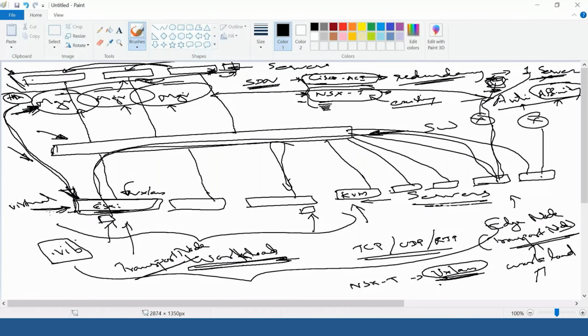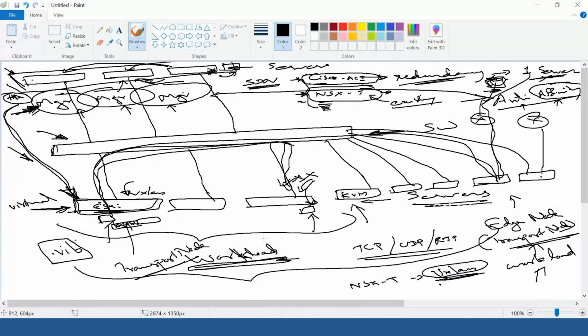When a TCP/IP packet comes in, it will be encapsulated inside a VXLAN header, and on top of that an Ethernet header will be added. Normal switches understand Ethernet, right? So by looking at the Ethernet header, the packet will go to the destination. Once it reaches the destination host, the host will remove the Ethernet header, remove the VXLAN header, and the TCP/IP packet will go to the VM.